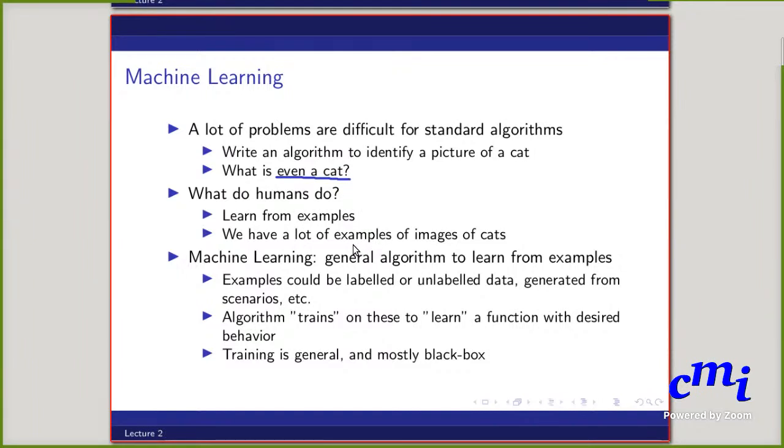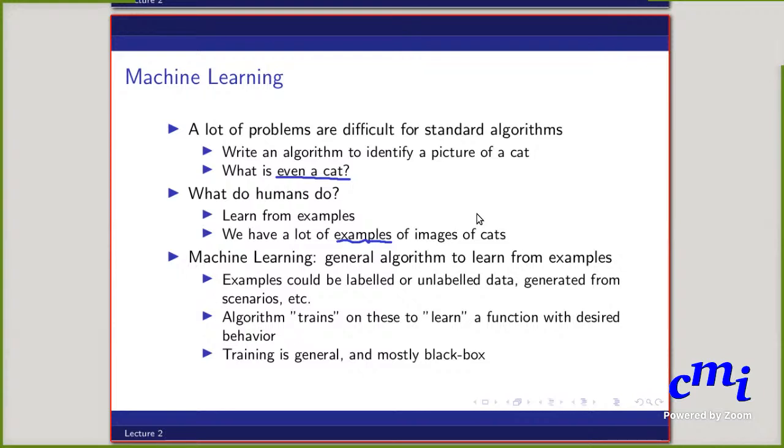So this is sort of the idea in general behind machine learning, where the idea is that we have examples as opposed to clear algorithms, right? We don't know what a cat is, but we have a bunch of examples of images of cats, right? I can easily go online and download some 10,000, 100,000 examples of images of a cat, right?